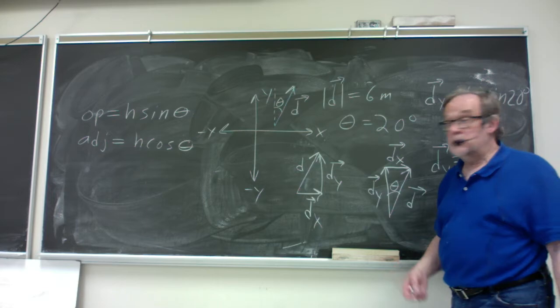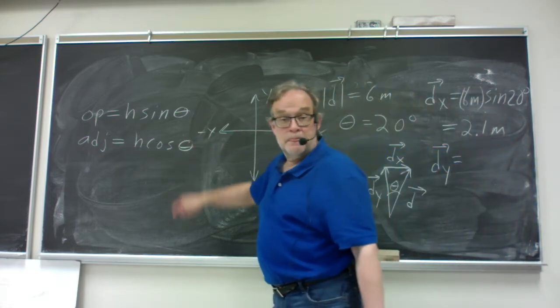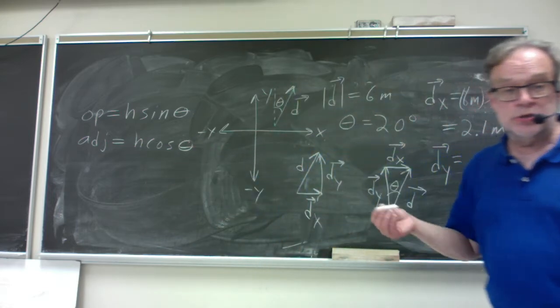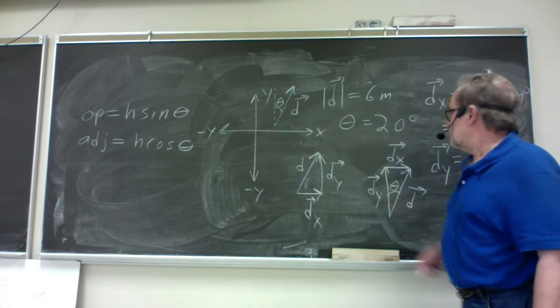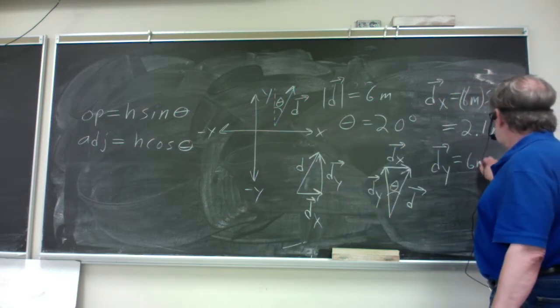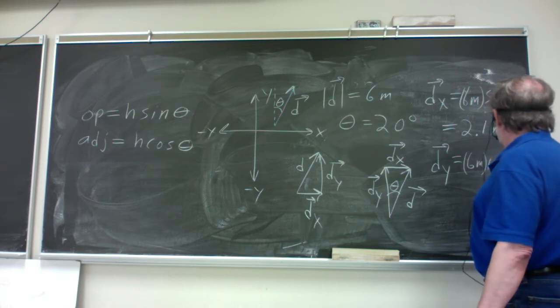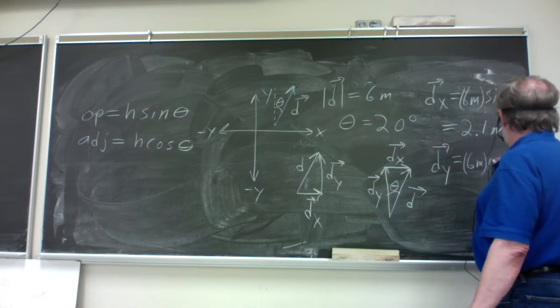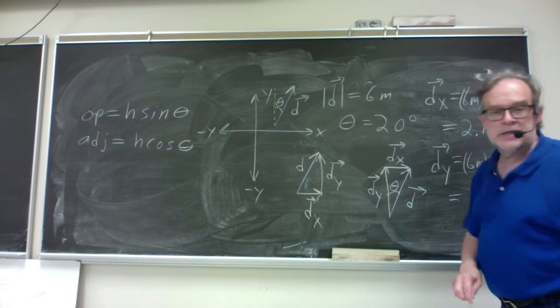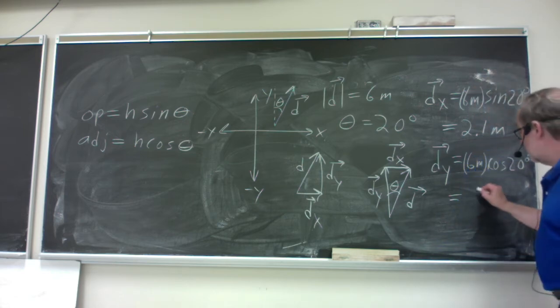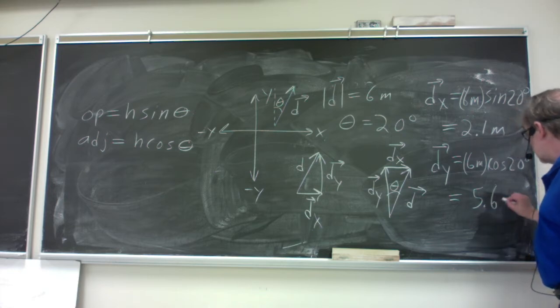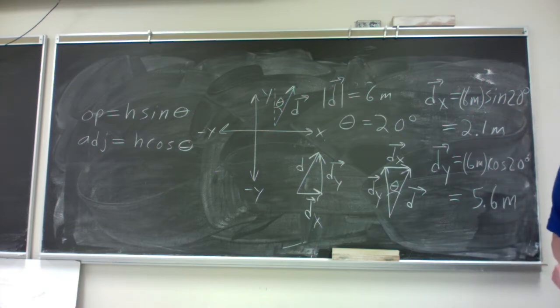And whenever we're talking about an adjacent side, the trigonometric function we use is cosine. And so hypotenuse times cosine, 6 meters times cosine 20 degrees, and then ask your calculator to do that calculation, and you'll come up with 5.6 meters.